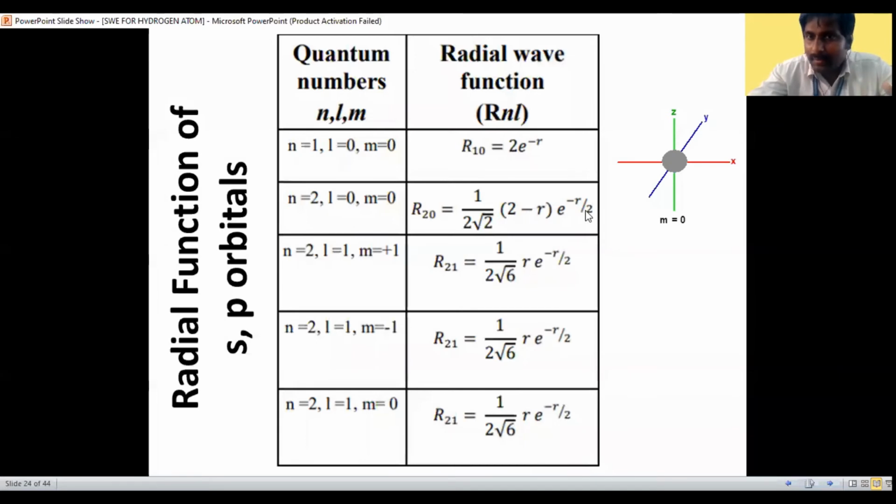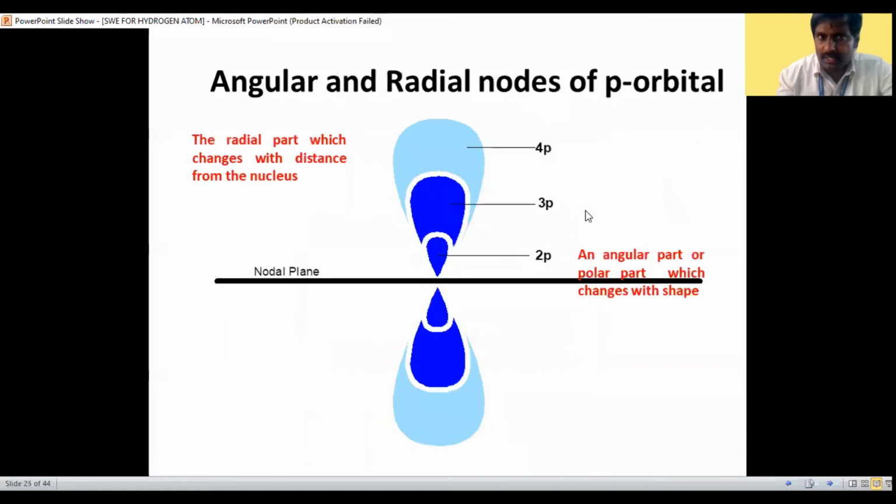That is, majorly the principal quantum number is deciding. n is equal to 1, n is equal to 2. A radial wave function will be decided by the principal quantum number.